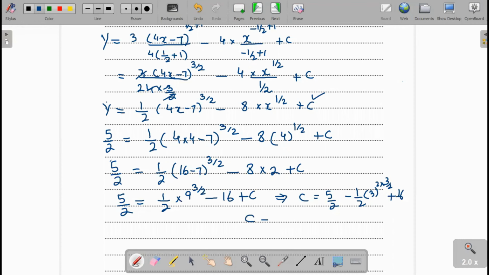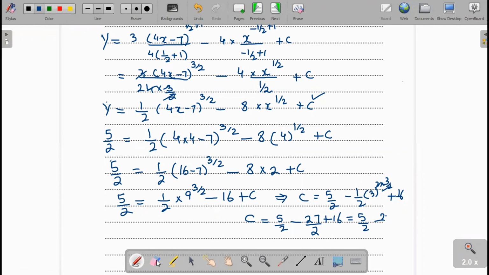We get c equal to 5/2 minus 27/2 plus 16.